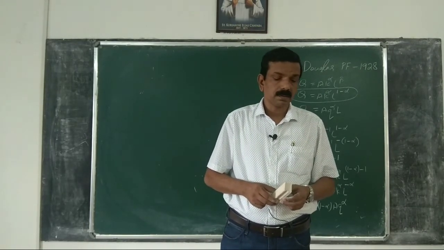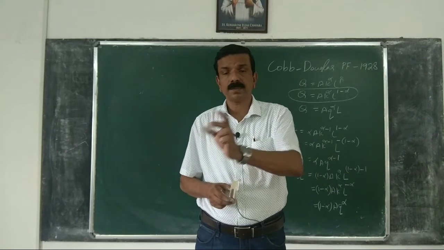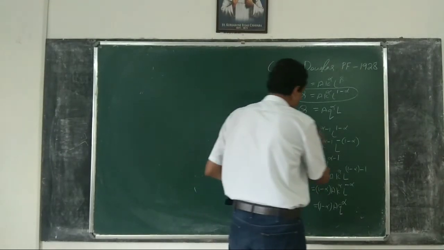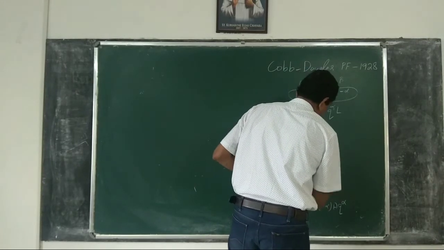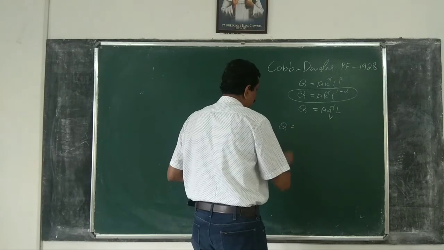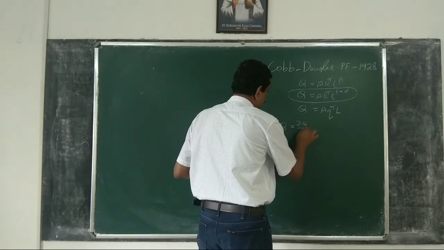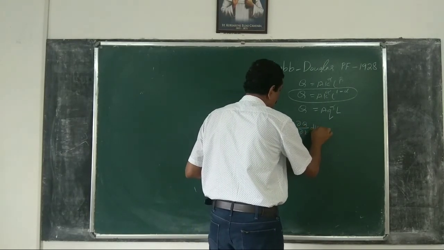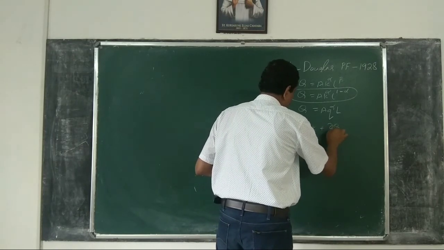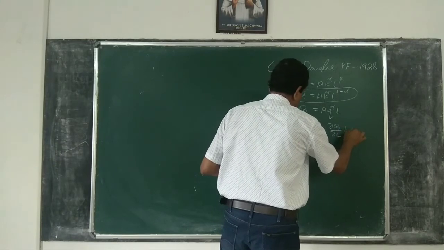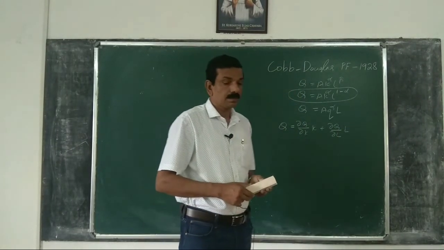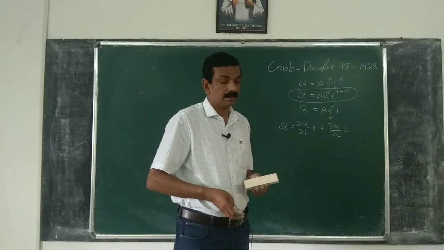The fourth is that a linearly homogeneous production function satisfies Euler's theorem. Euler's theorem: Q is equal to dou Q by dou K into K plus dou Q by dou L into L. Euler's theorem is also known as the product exhaustion theorem.